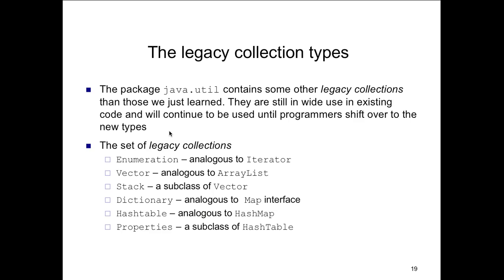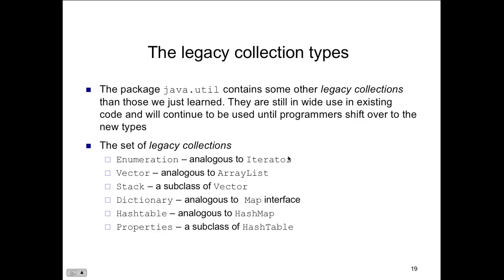So, legacy collection types. All these different versions of Java had different versions of the earlier classes. The ones we have now, the packages that we have now in the current version, are pretty nice. We do have some legacy classes. The util package contains other legacy collections than those that we just looked at. They're still in wide use in existing code, and continue to be used by programmers shifting over to new types.